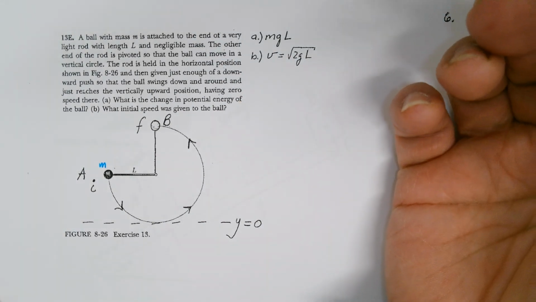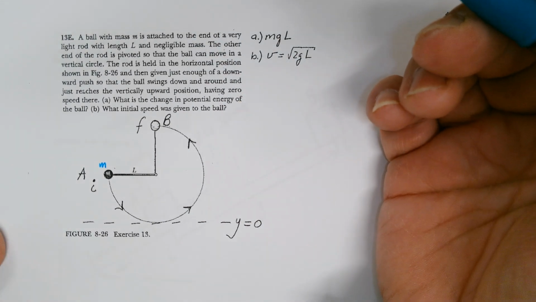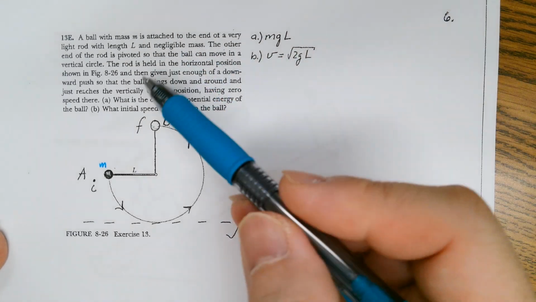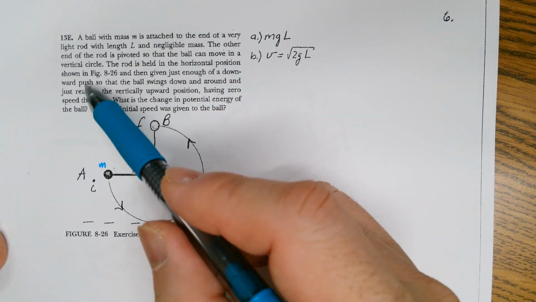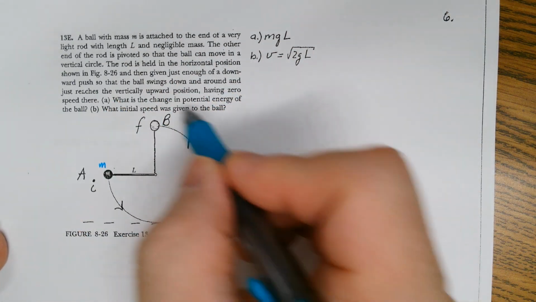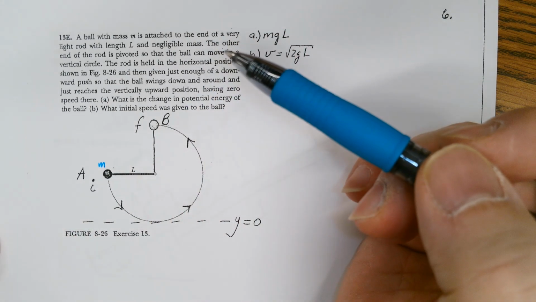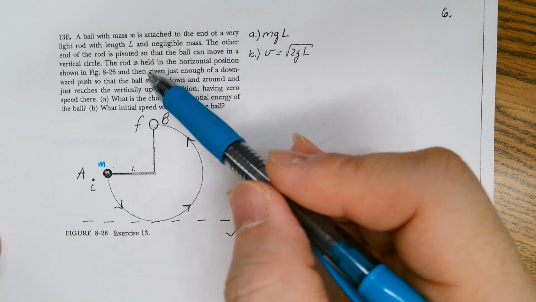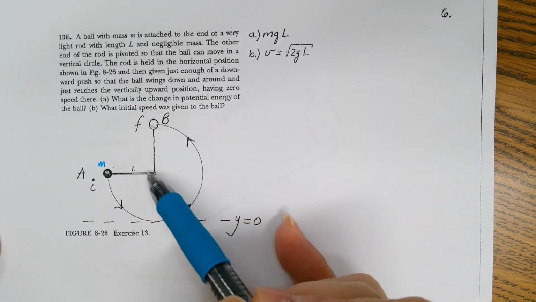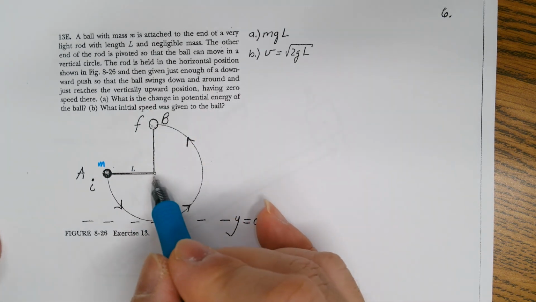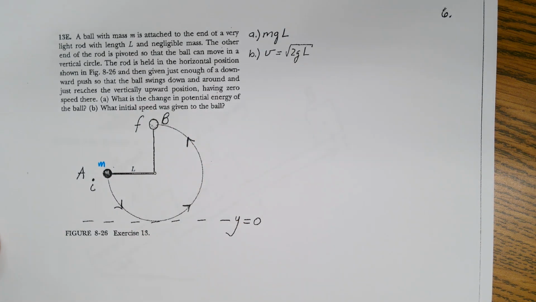So it's a very light rod. The other end of the rod is pivoted so that the ball can move in a vertical circle, so it's going to be able to go this way. The rod is held in horizontal position as shown in figure 8-26.